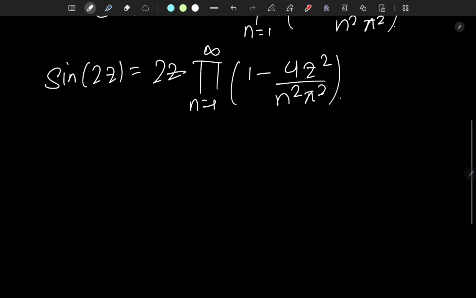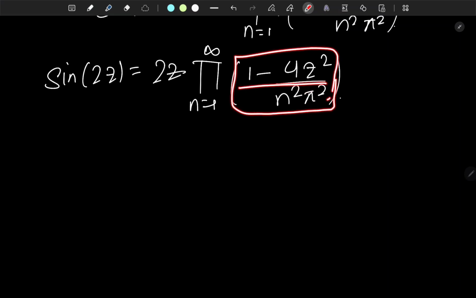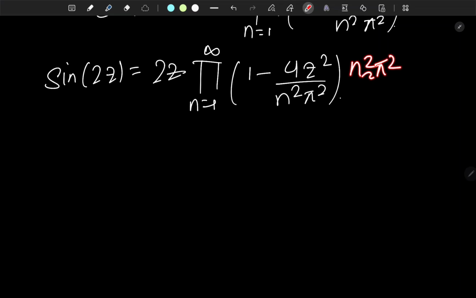And let's multiply, like we can just take the common denominator here, by multiplying with n squared pi squared and dividing with n squared pi squared.